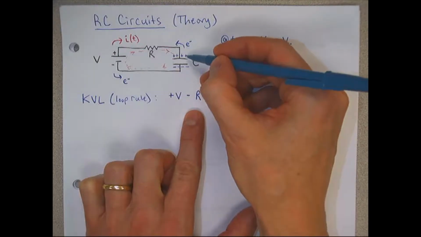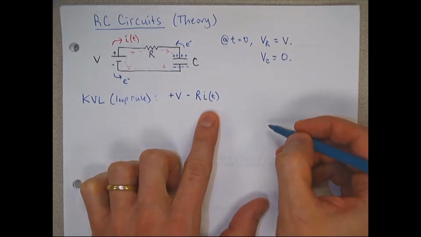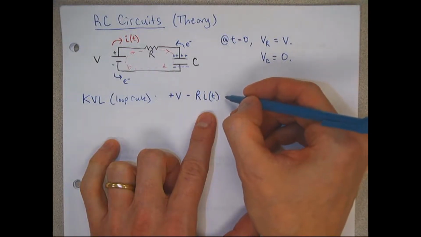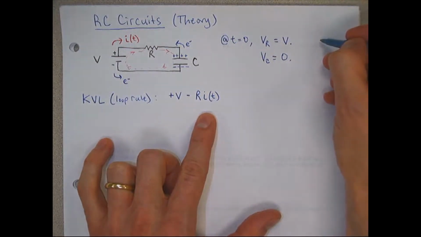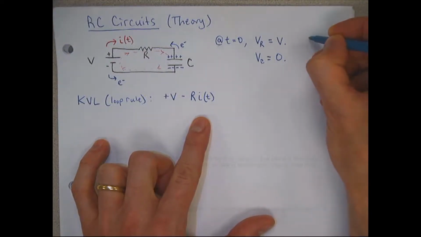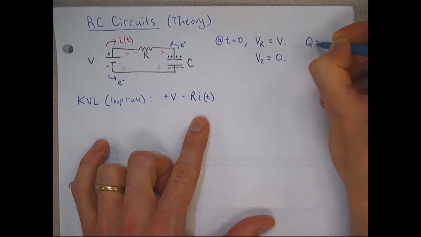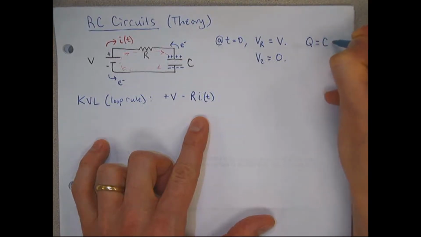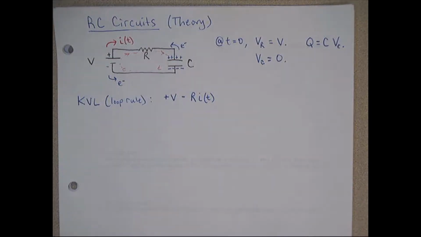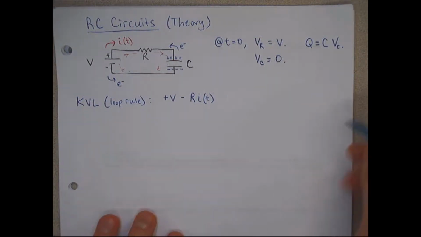What's left is the voltage across the capacitor. We need to remember our relationship between charge, capacitance and voltage. And I'll label this as VC just to remind us that applies to the voltage across the capacitor.